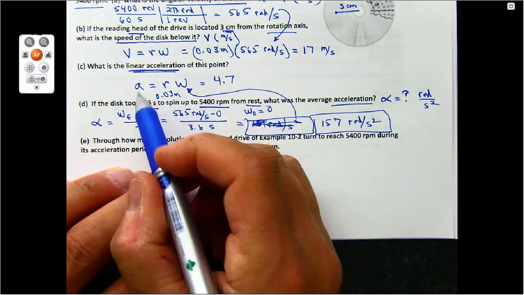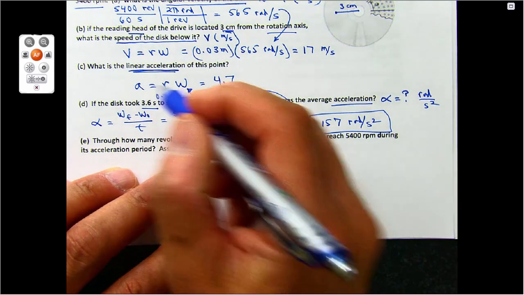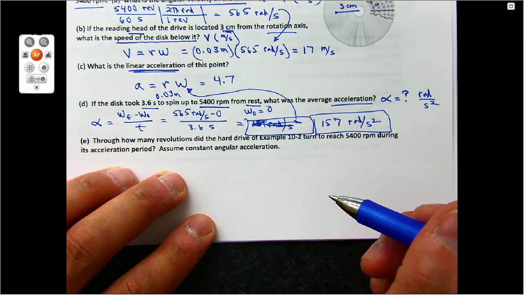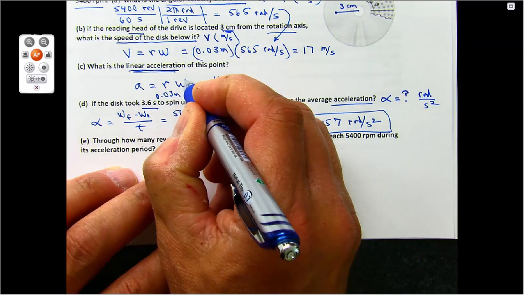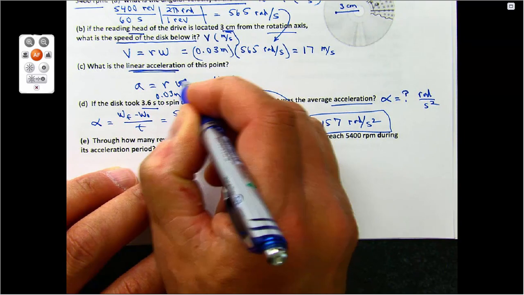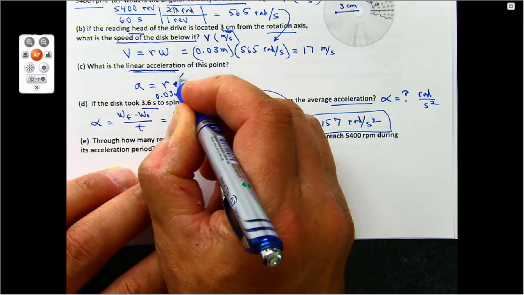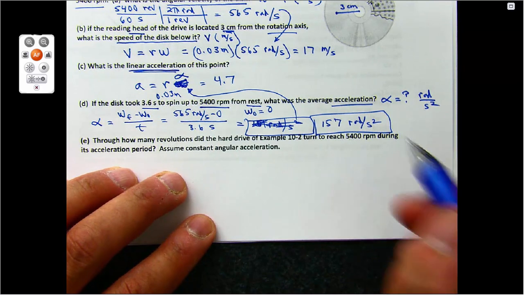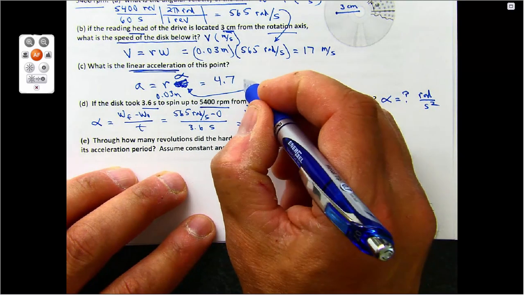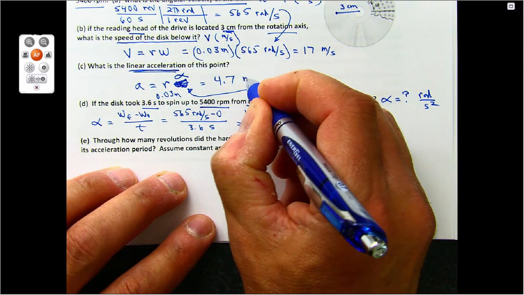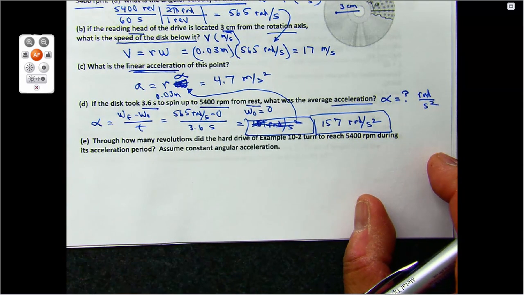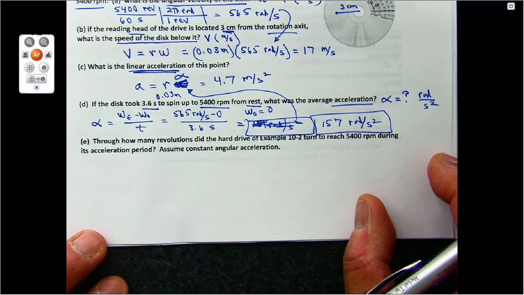And since this is linear, I wrote the wrong thing down. 4.7 then? So this is going to be in meters per second squared. Still 4.7, right? I just put the wrong symbol in there.